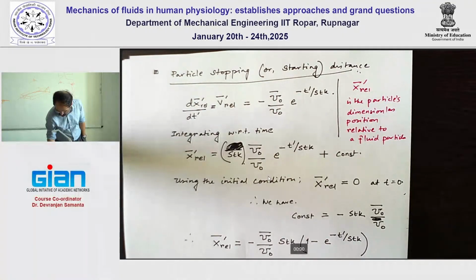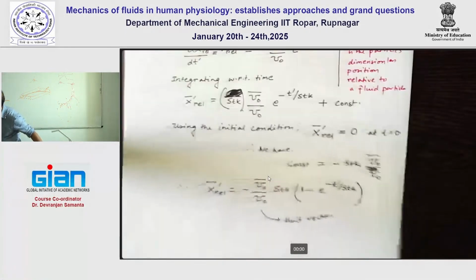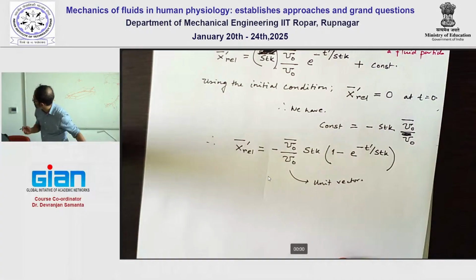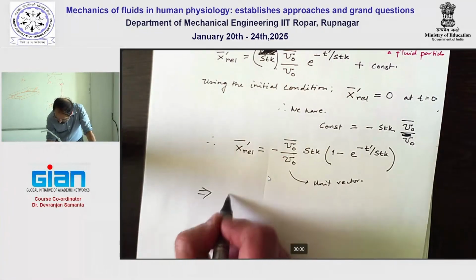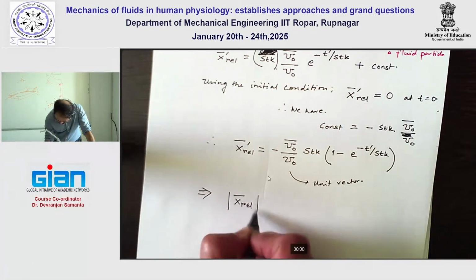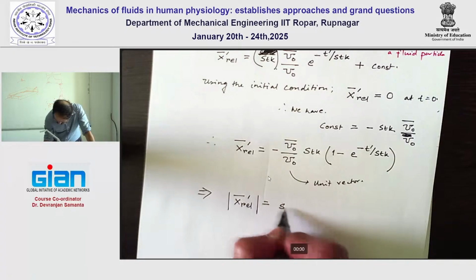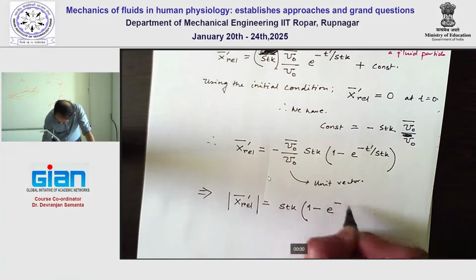So if you think about the magnitude of this dimensionless position for the particle in the fluid, we have x relative is Stokes number times 1 minus e to the power of minus t prime over Stk.